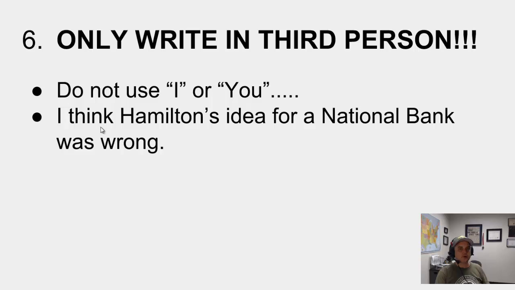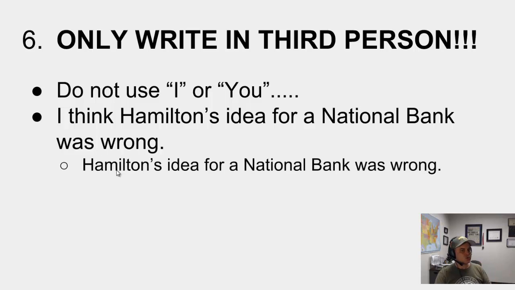If you throw in your little identity here, well, I think Hamilton's idea for a national bank was wrong. Well, that's what you think. Right? That's your opinion. If you throw out words that allude to opinion, like I think, the sentence becomes much stronger. Hamilton's idea for a national bank was wrong.